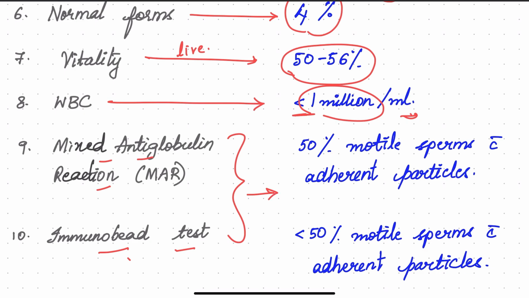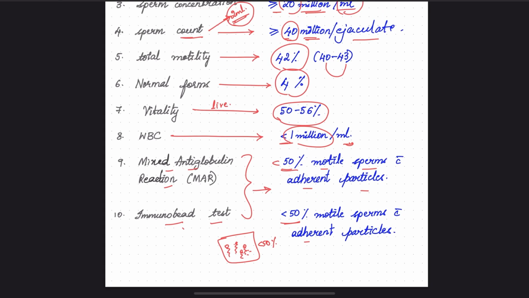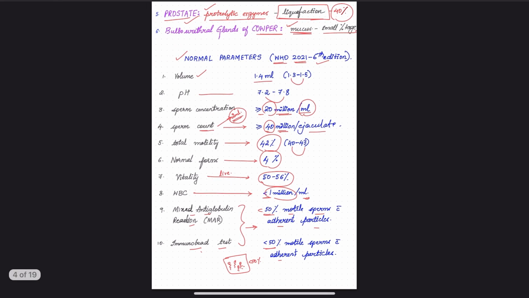The result should be less than 50% in both tests: less than 50% of motile sperms with adherent particles. You perform this test when you observe motile sperms under the microscope. So less than 50% of the motile sperms should have attached particles. That is the normal parameter.